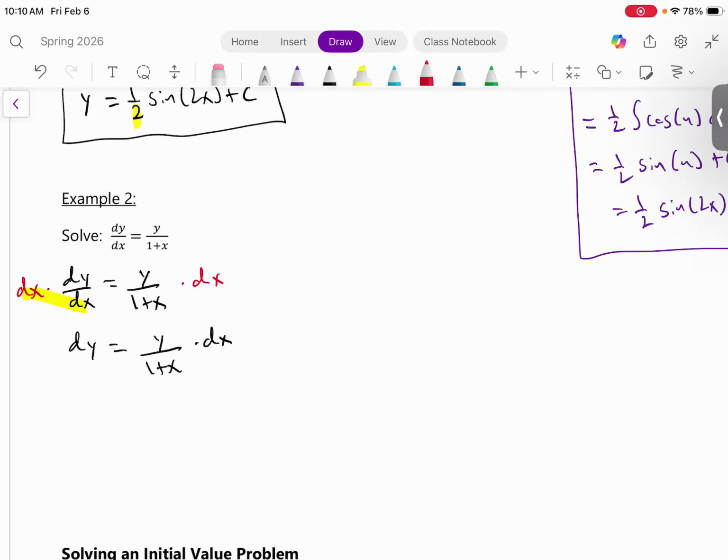We could do times 1 over y if that helps. My y's cancel out, and now I have 1 over y dy equals 1 over 1 plus x dx.